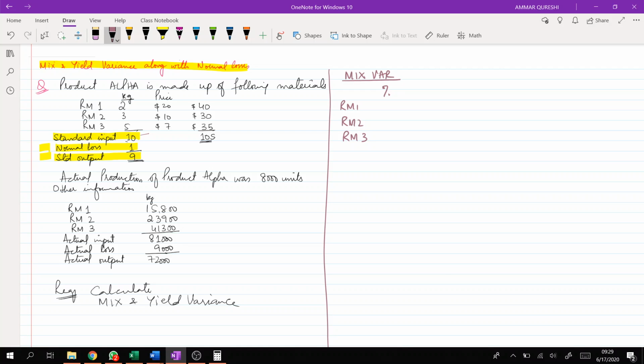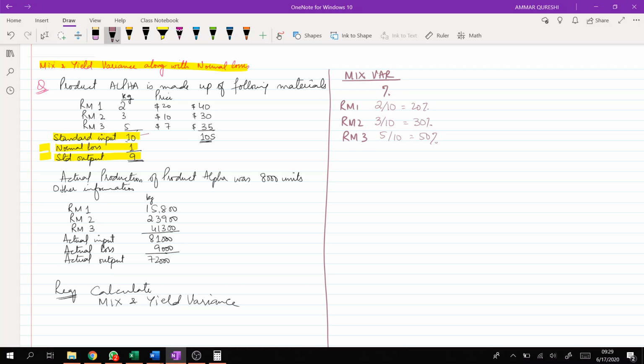So raw material 1 is 2 out of 10, that makes 20%. Raw material 2 is 3 out of 10, which is 30%. And raw material 3 is 5 out of 10, which is 50%. So this is basically the standard proportion.